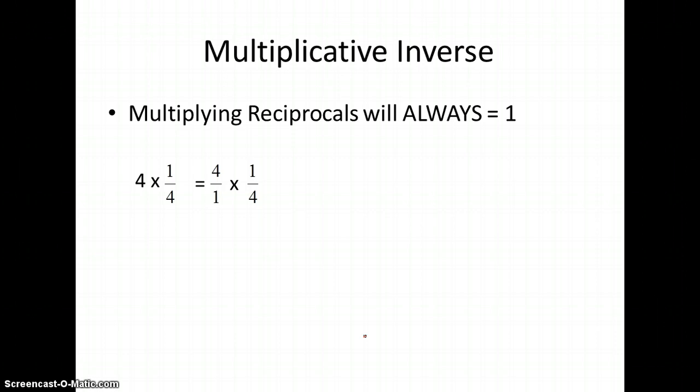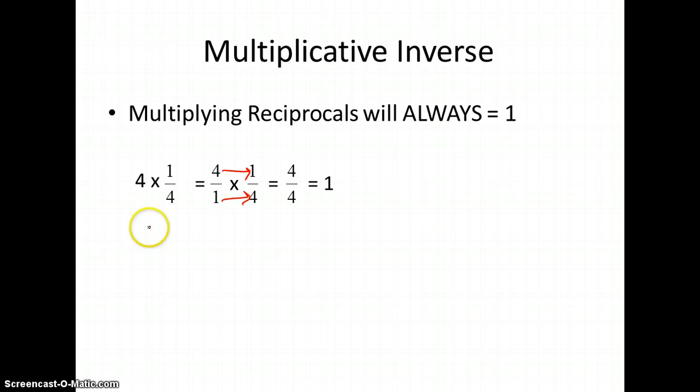It can be written as 4 over 1 times 1 over 4. When I'm multiplying fractions, remember, I multiply the numerators, then I multiply the denominators, and simplify at the end. So 4 times 1 is 4, and 1 times 4 is 4. So I get 4/4, or 4 divided by 4, which equals 1.